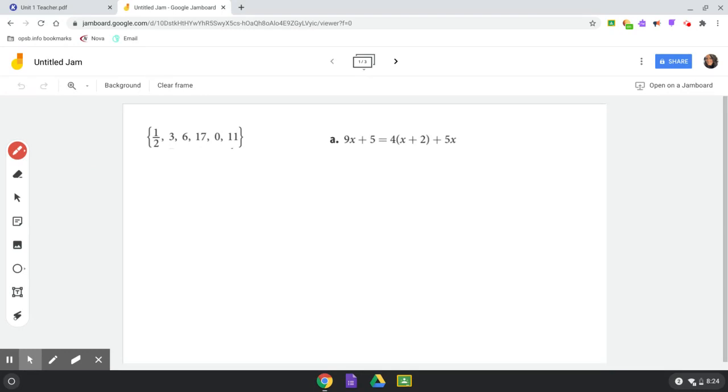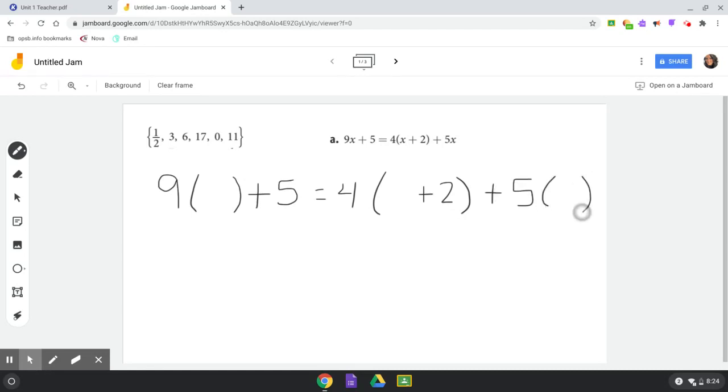Okay, so I'm going to rewrite the original equation in black: 9 times x plus 5 equals 4 times x plus 2 plus 5 times x. Now I'm going to change my color to red, and you'll see why in just a second. All right, so let's start with 1/2.